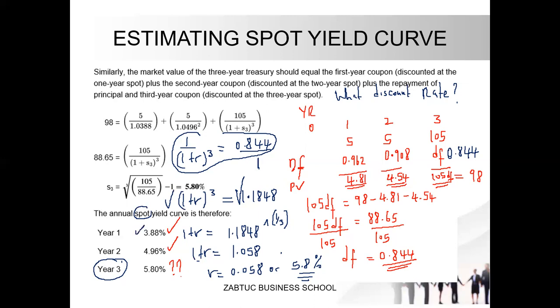If you borrow an amount to be paid 2 years from now in a lump sum, this is the interest rate applicable to you. If you borrow an amount which you are going to repay in 3 years from now, this is the annual rate applicable to you. So that's the meaning of these figures.